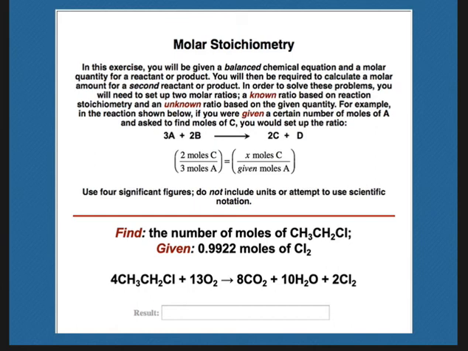Our given is chlorine, so that's going to be in our denominator. So we have 2 in our denominator. And we're looking at chloroethane, that's this guy, so that's 4. The ratio is going to be 4 over 2. You can put 2 to 1, doesn't matter.